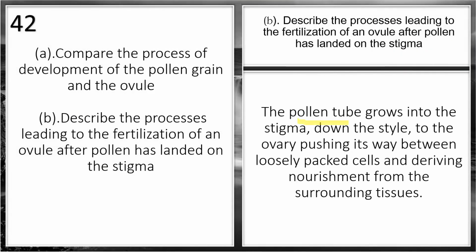Then the pollen tube grows into the stigma, down the style to the ovary, pushing its way between the loosely packed cells and deriving nourishment from the surrounding tissues.